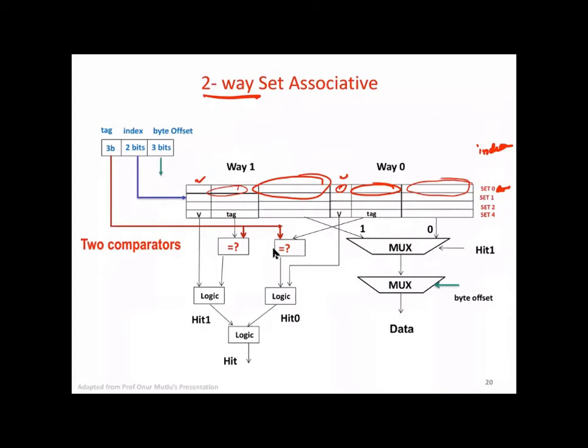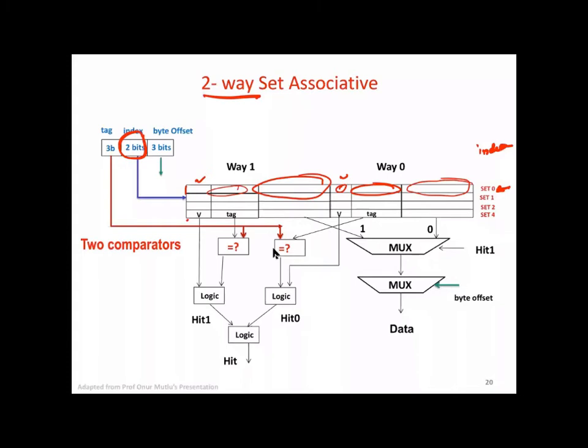Note that the cache size is the same, but the number of index locations, or sets, pointed to by the index bits is reduced to half, but each set now has 2 blocks. So the number of index bits reduces by 1, so we have 2 bits because there are now 4 entries in the cache.